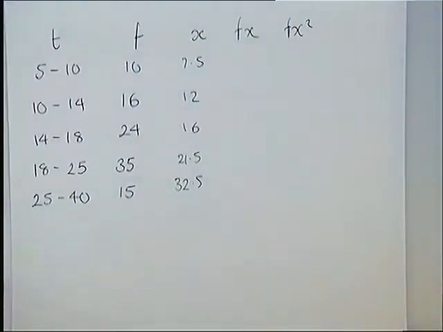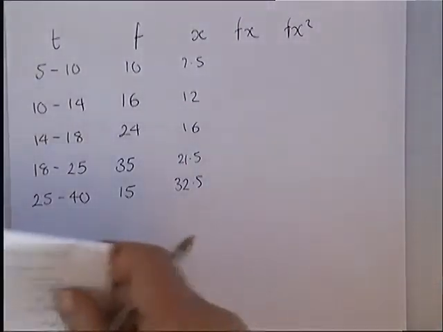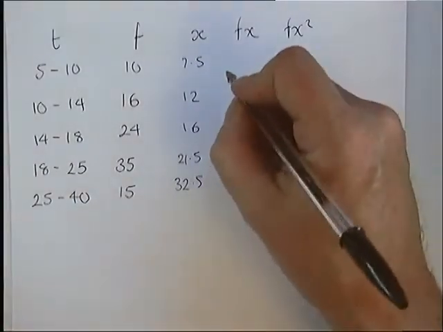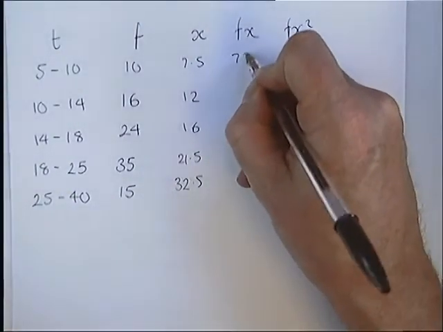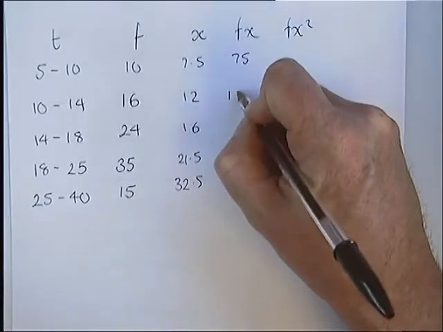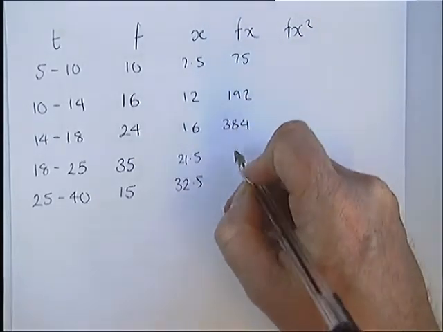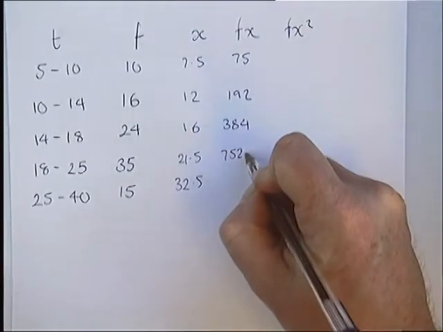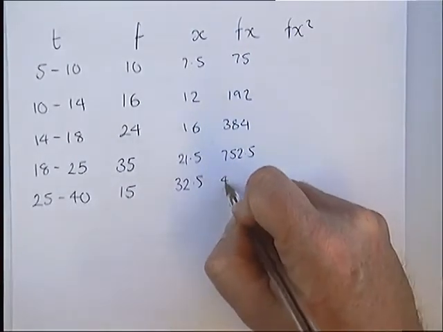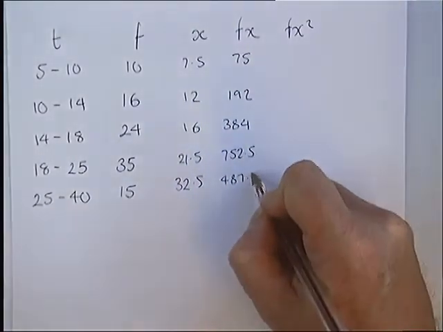I'm not going to show you me doing that on the calculator, but I'm going to write them in, so you can check your answer if you've tried this question first. You're going to get 75 there, 192, 384, 752.5 and 487.5.